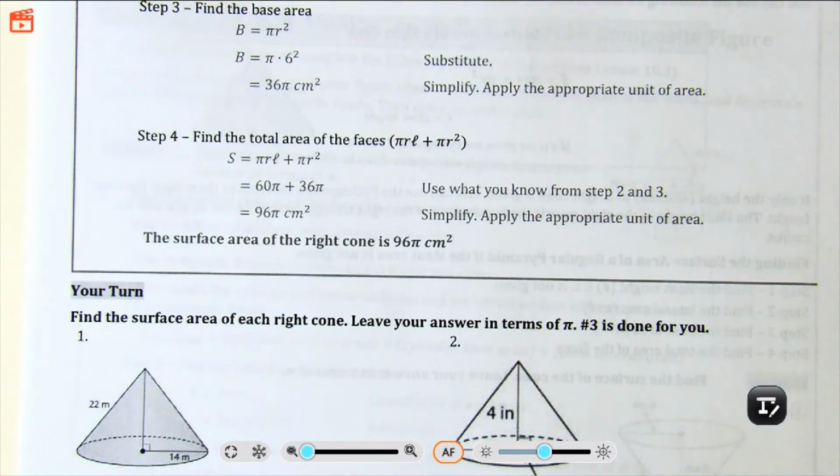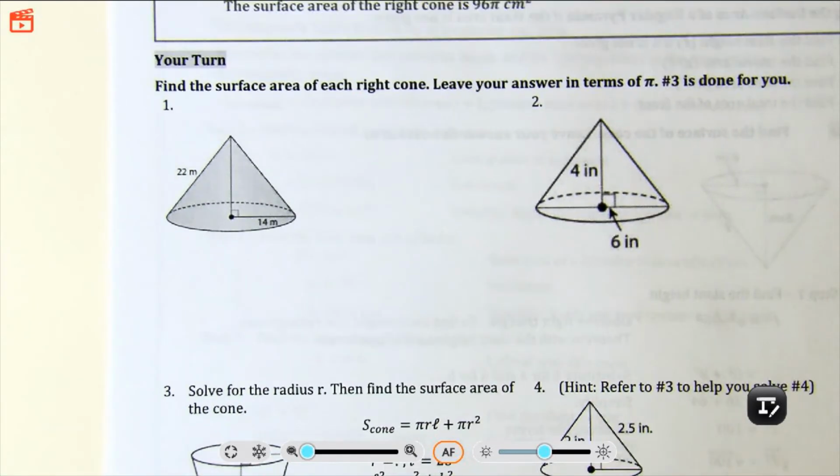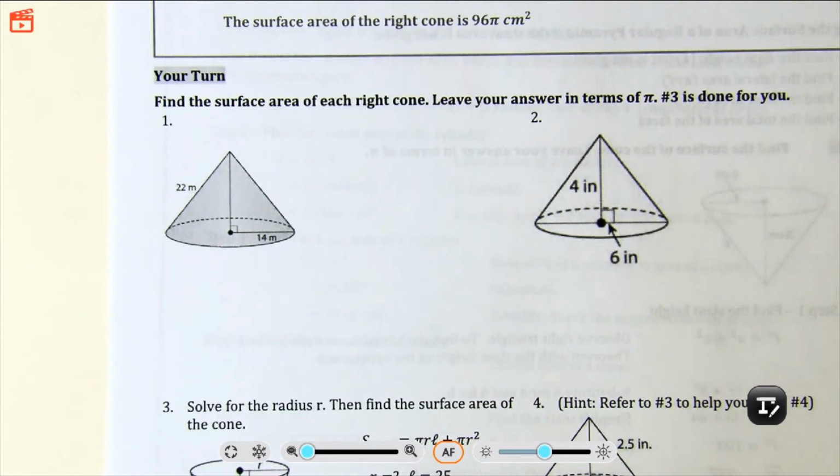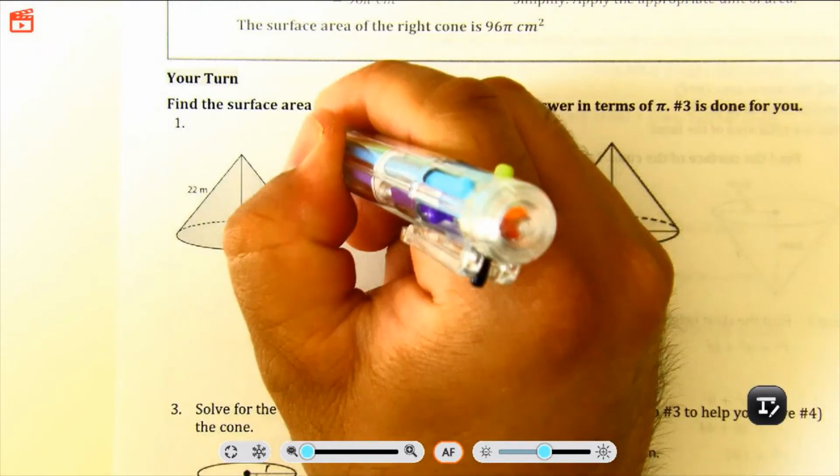Okay, so now that we have seen some examples, we're going to try 2 problems on our own. The 2 things that we are looking for are the slant height and the radius. Now, for problem number 1, they give us the slant height, which is 22, and the radius is 14.